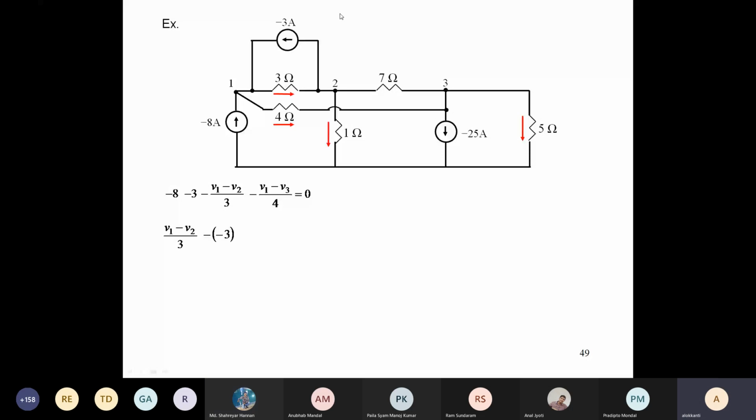Current going out is negative, so minus of minus 3. And then, sorry, this will be V2 minus V3 by 7. Typing issues are there.